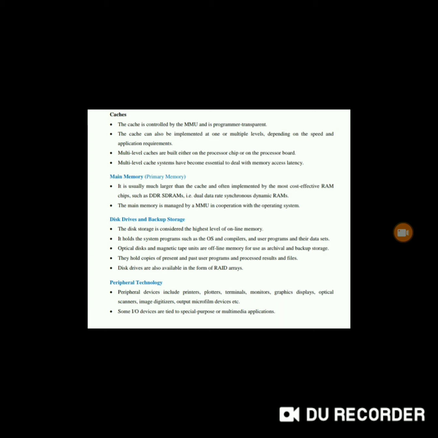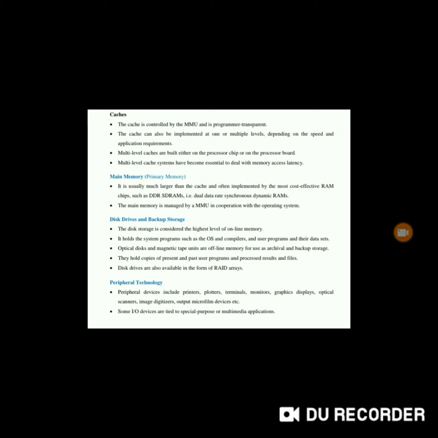Optical disk and magnetic tape units are offline memory for use as archival and backup storage. They hold copies of present and past user programs and processed results and files. Disk drives are also available in the form of RAID arrays.